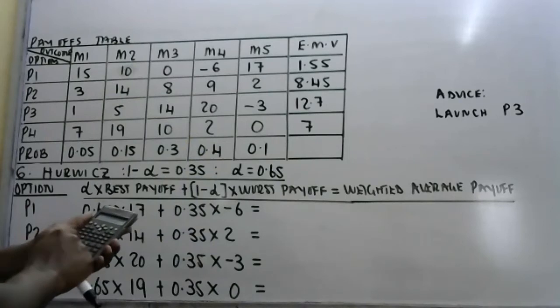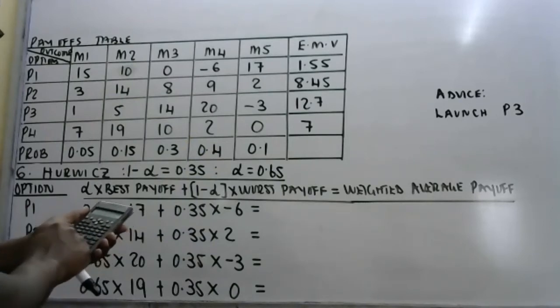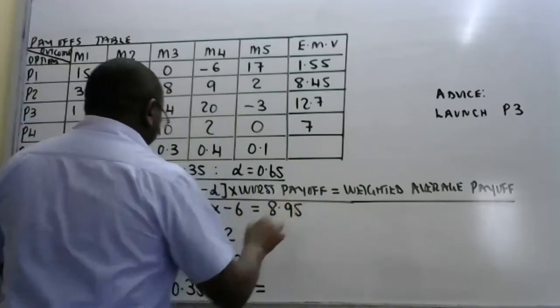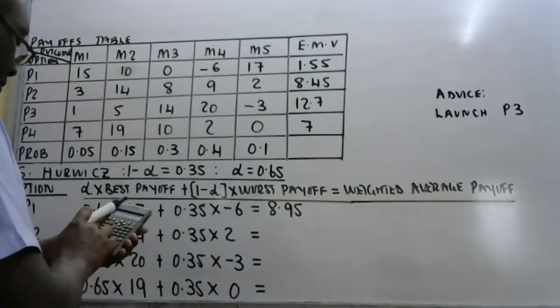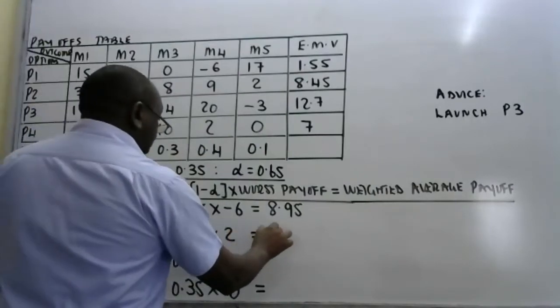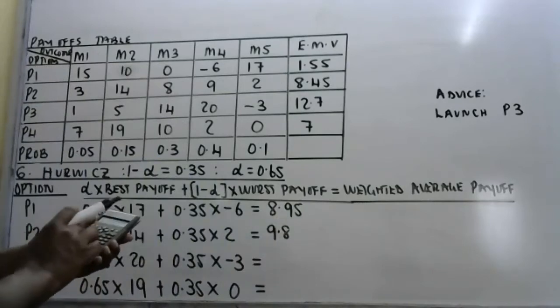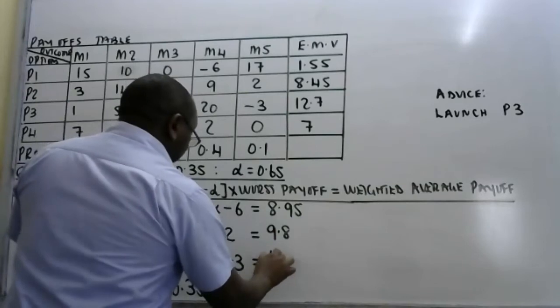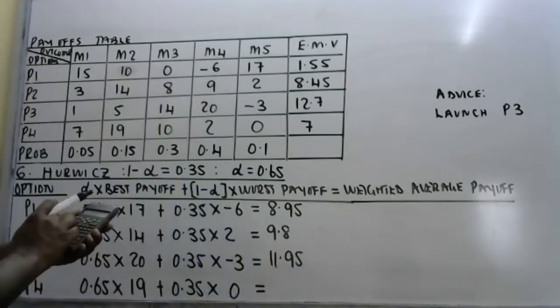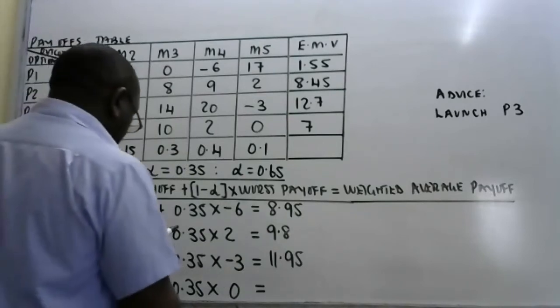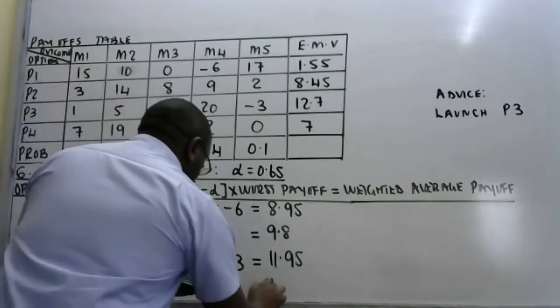I will get 0.65 times 17 minus 0.35 times 6 is 8.95. 0.65 times 14 plus 0.35 times 2 is 9.8. 0.65 times 20 plus 0.35 times minus 3 is 11.95. 0.65 times 19 plus 0 is 12.35.